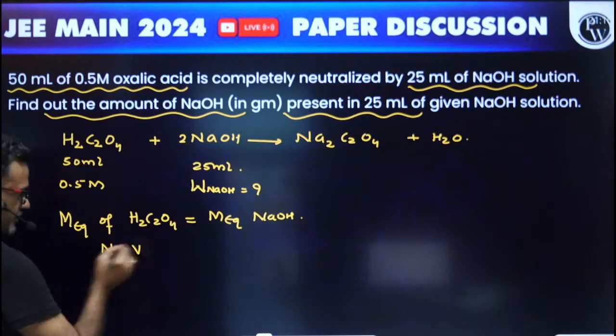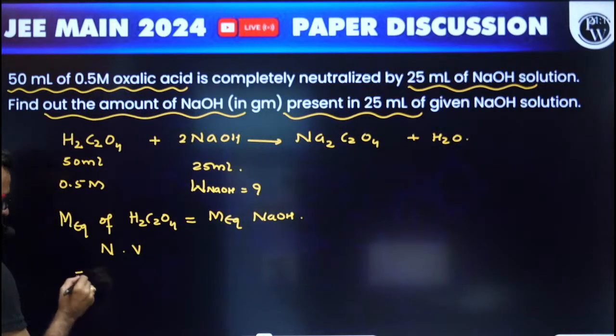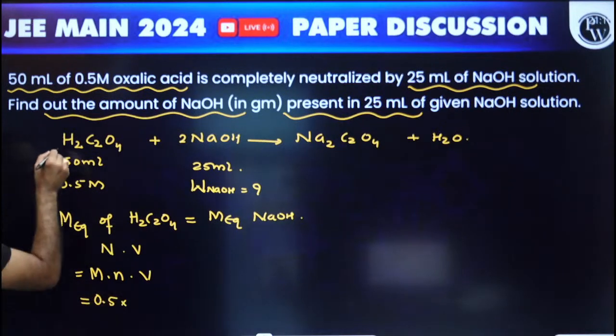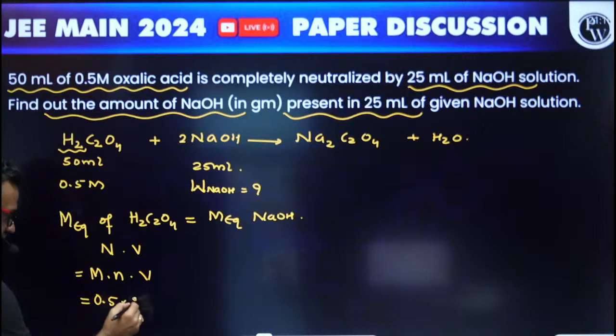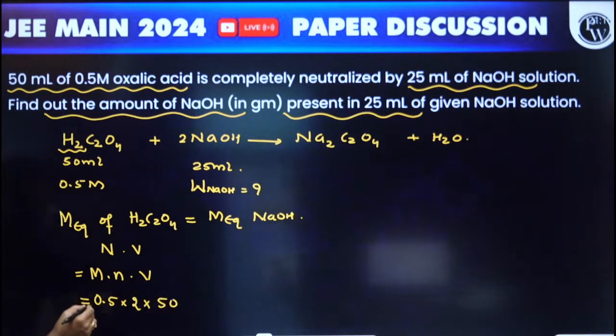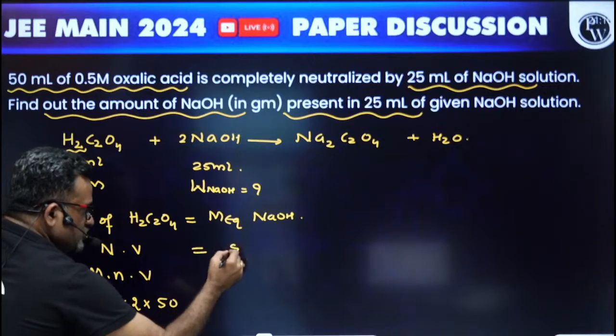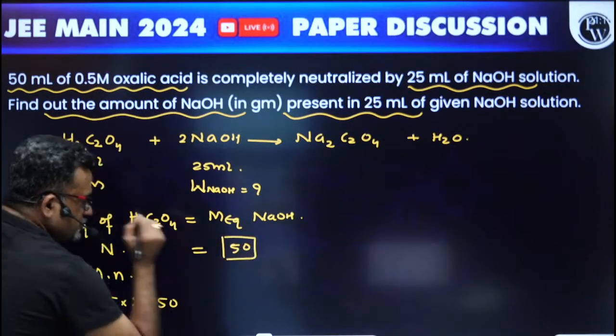N into V, that is molarity into N factor into volume. The molarity is 0.5. The N factor: it is dibasic, so N is 2. The volume is 50. 0.5 into 2 is 1, 1 into 50 is 50. So 50 is the milli equivalent of oxalic acid, so 50 is also the milli equivalent of NaOH.